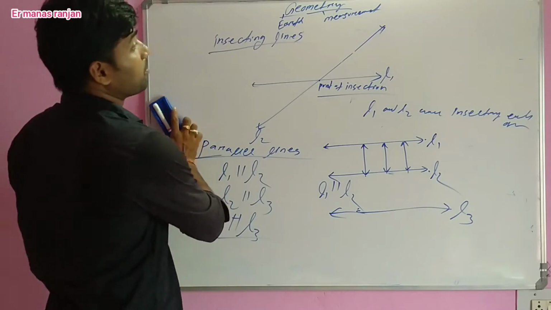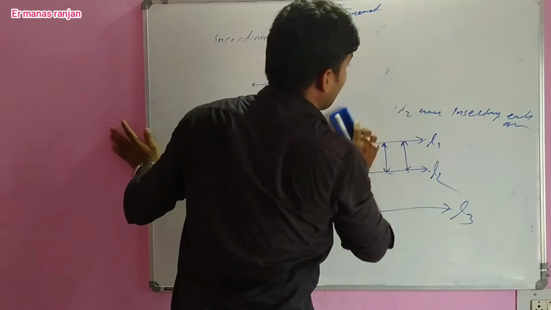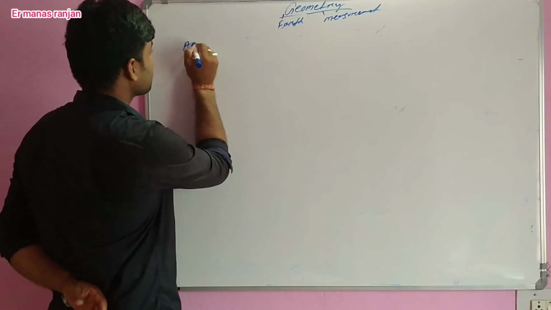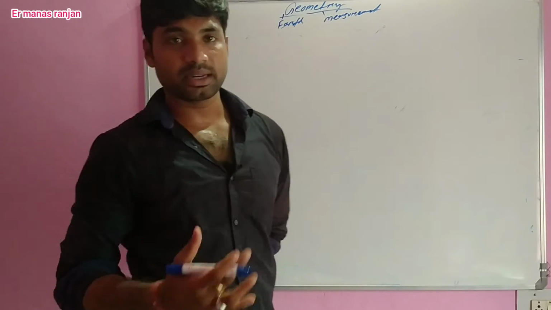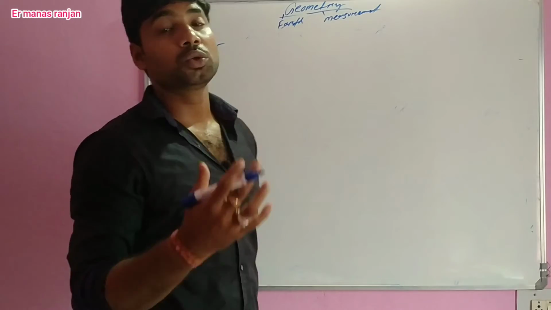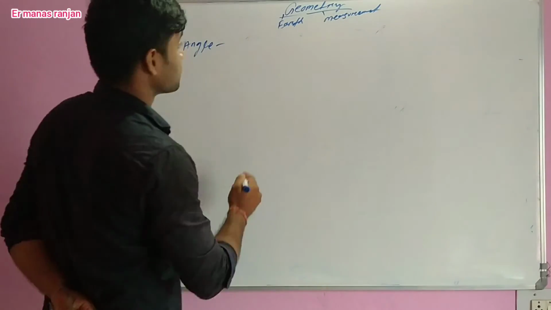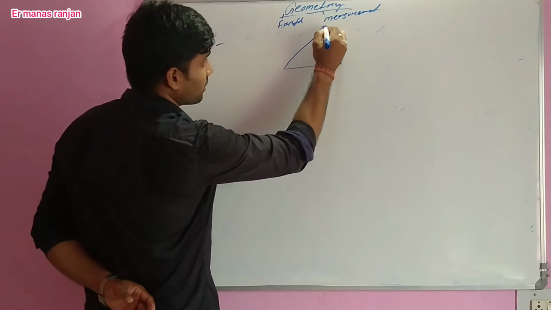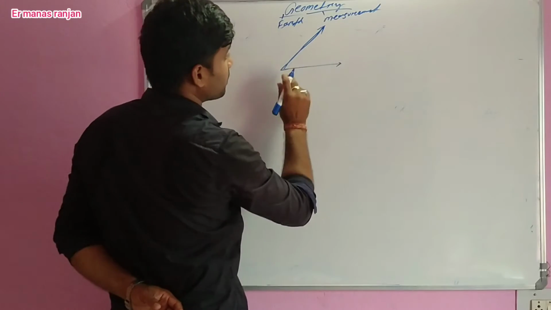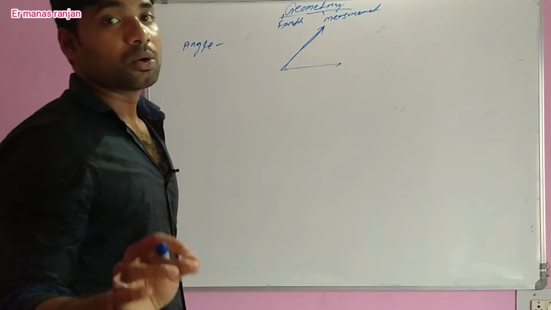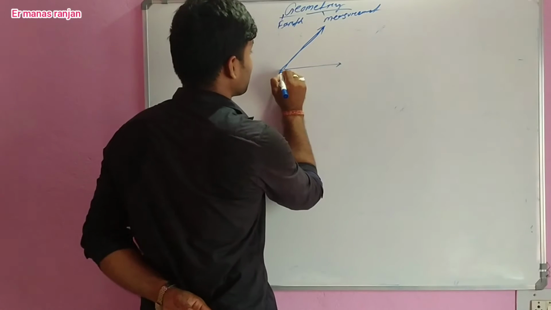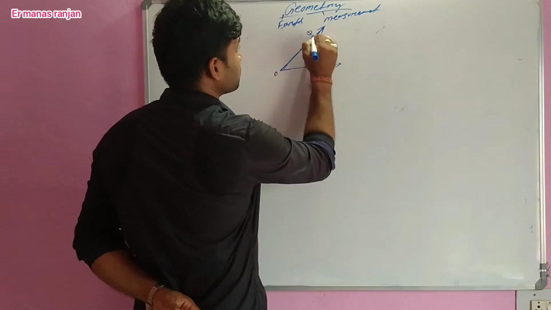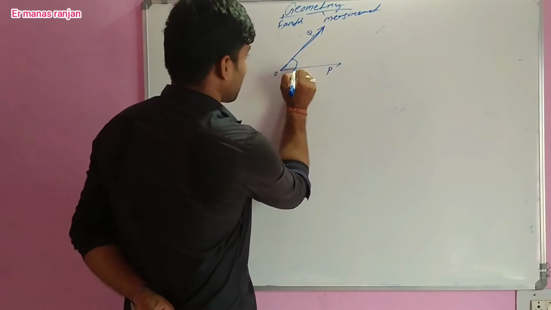Let's talk about angles. What is an angle? We can say it is the union of two non-collinear rays with a common initial point. Suppose here is a ray, here is another ray, OP and OQ. This forms an angle.